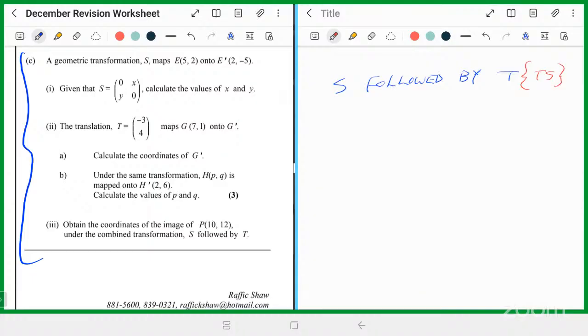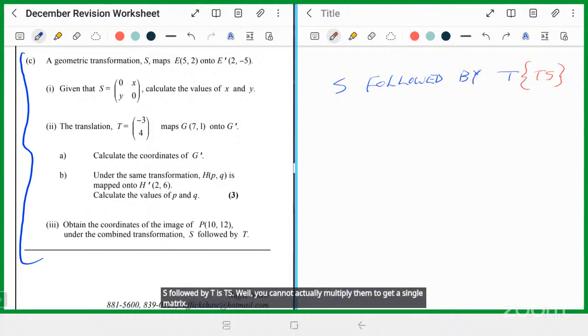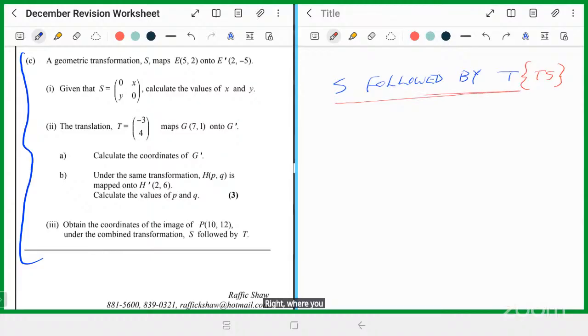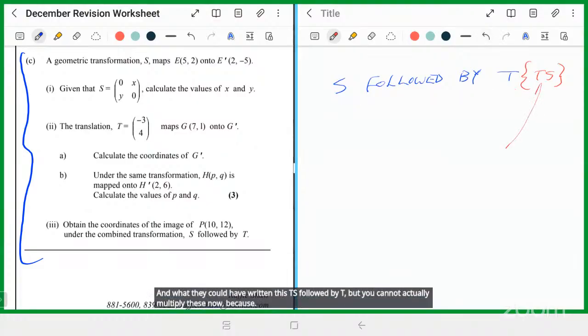TS means S followed by T. It's just that you cannot actually multiply them to get a single matrix, but you still have to carry out the transformation this way. They could have written TS for S followed by T, but you cannot multiply these because a translation is involved.